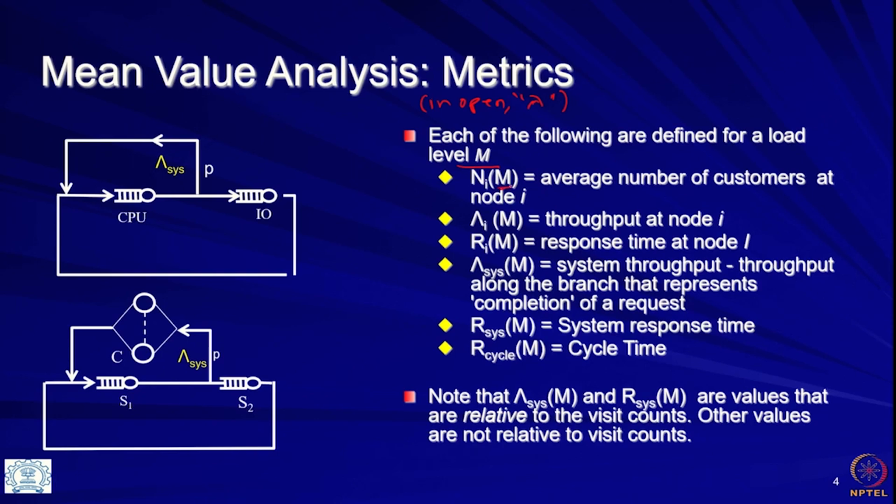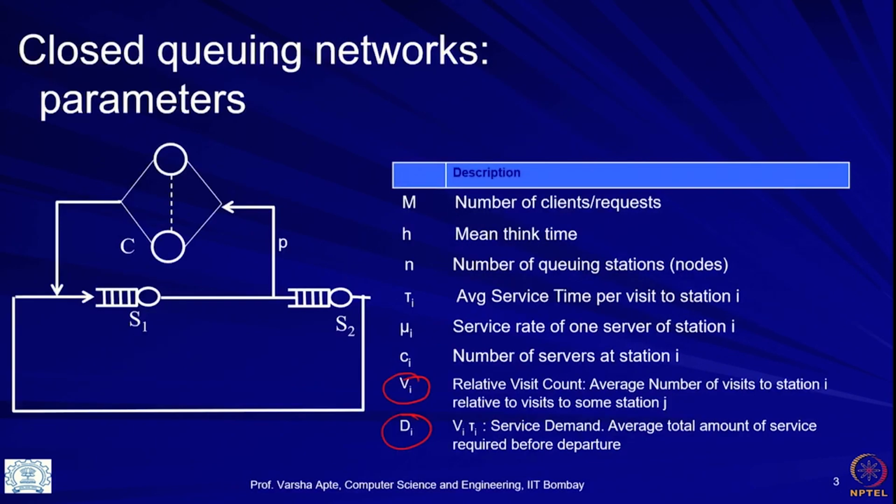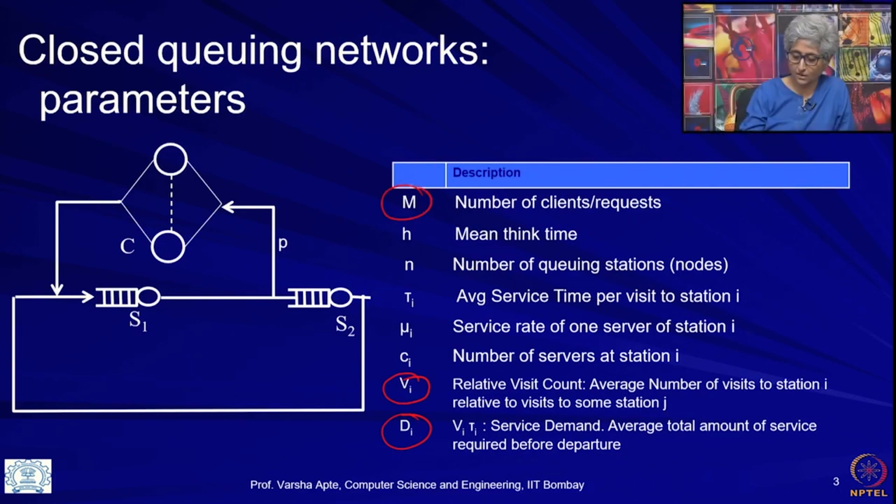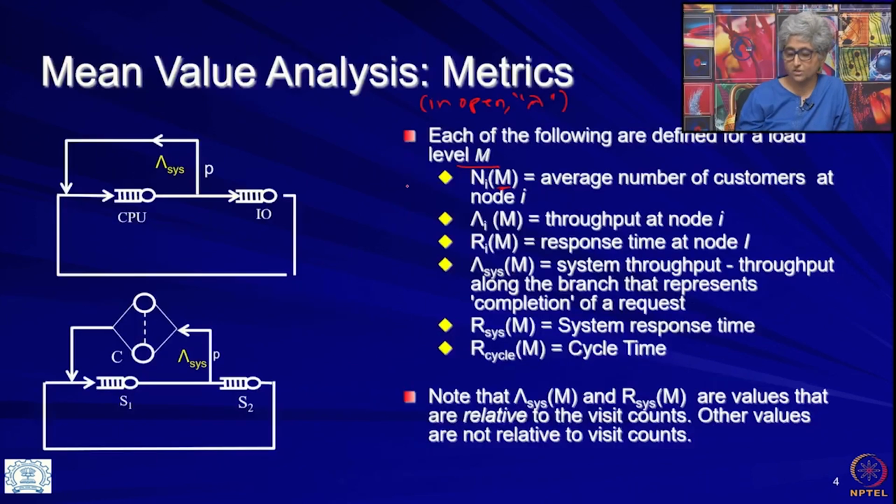There is a reason for that, but all the open queuing network metrics are functions of all the parameters including lambda. Here also it is the same thing, but we particularly express the metrics in terms of this load parameter m, and you will see why.